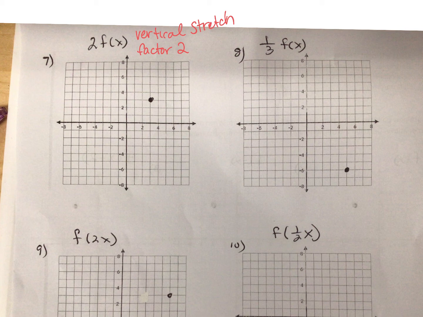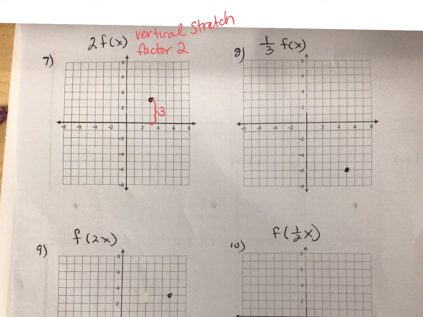Factor of 2. What that means is this vertical distance between the axis and the point gets stretched by 2. So if this distance is 3, what is the new distance going to be?